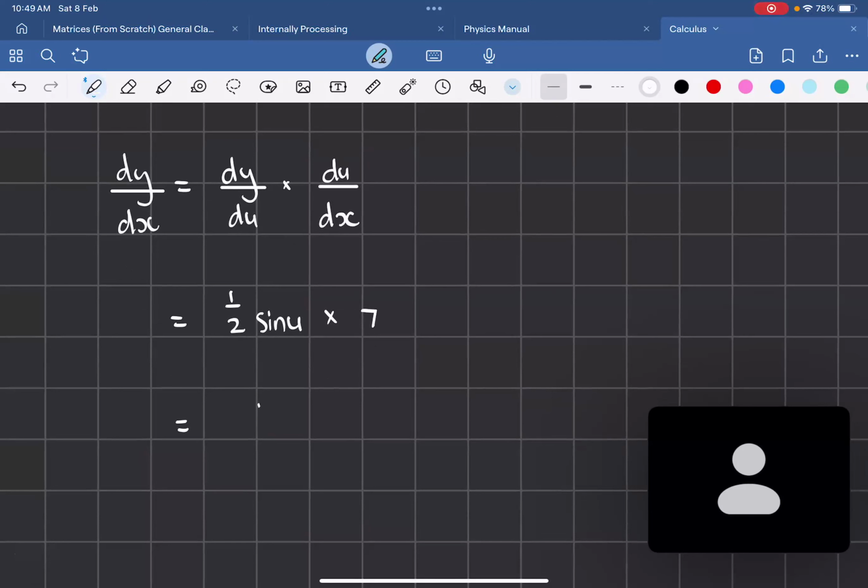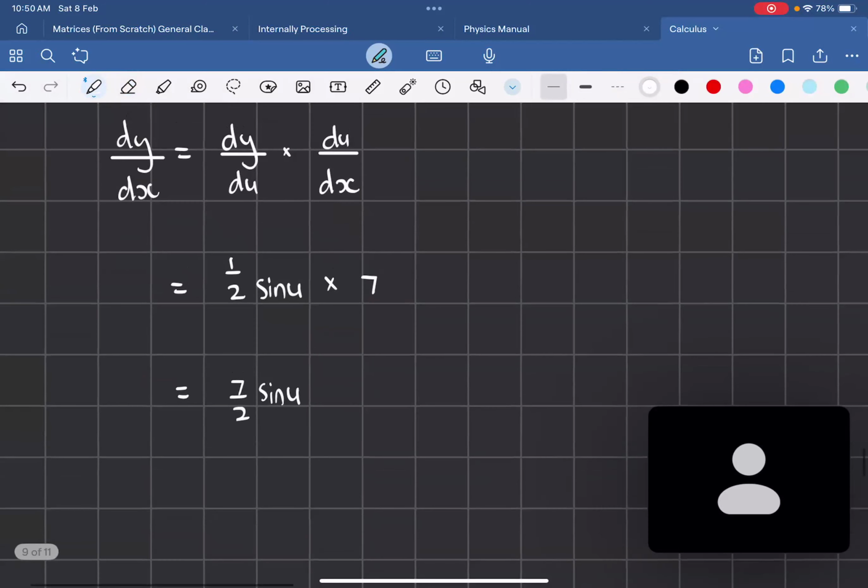I have a question. Is the next line that one or that one? The second one. So how come you didn't tell me that? So it will be 7/2 sine u.